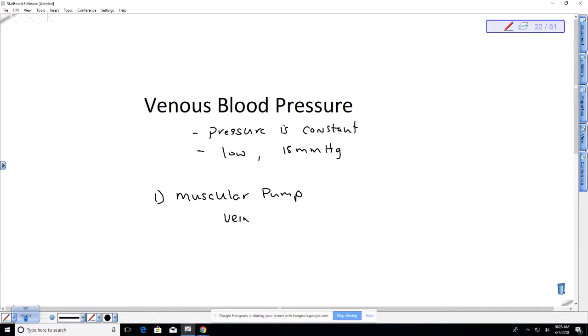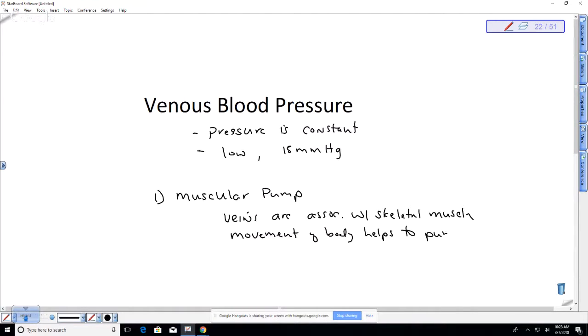Veins are associated with skeletal muscle, so movement helps to pump the blood. So getting up and walking around and not having to stand in one place all day for work, for example. So that would be one.